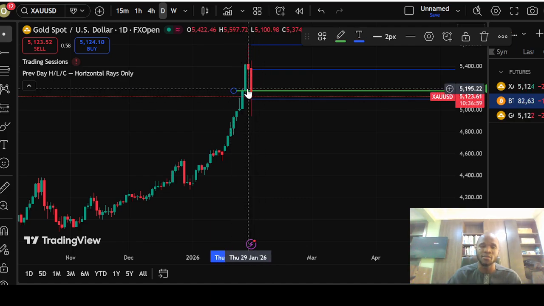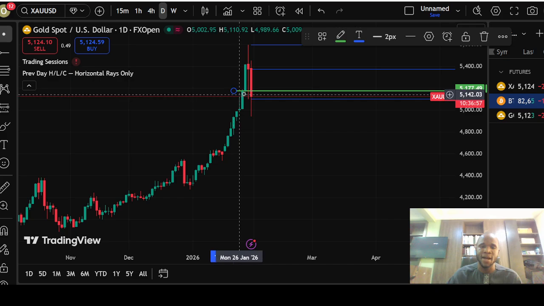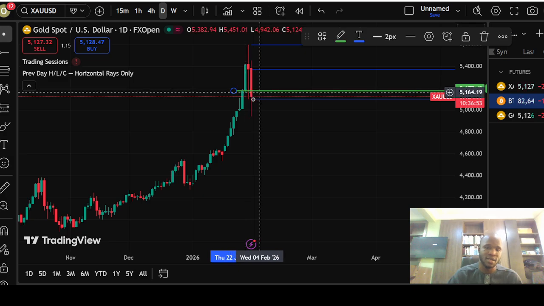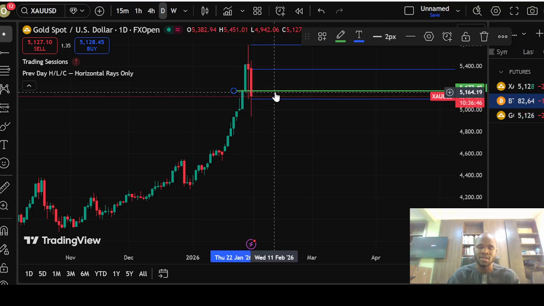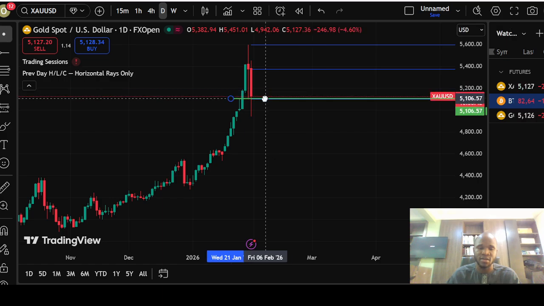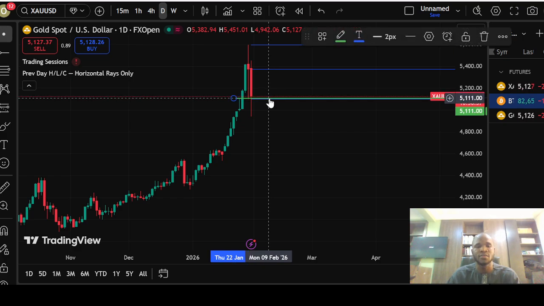This is where the market opened, like where the market opened yesterday and the day before yesterday. So this is the lowest point the market got to yesterday. So there's a lot of volatility in the market, so it's very important.